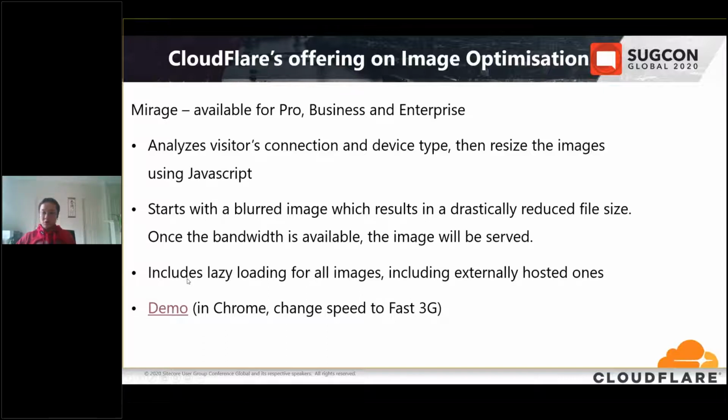Mirage also streamlines the image requests so visitors can see optimized images immediately, and also has a lazy load functionality so that if the image is not in the viewport, it does not actually load the image. Because it is done in JavaScript, it is also applicable to even third-party images that are not hosted from your website. So that is actually really cool.